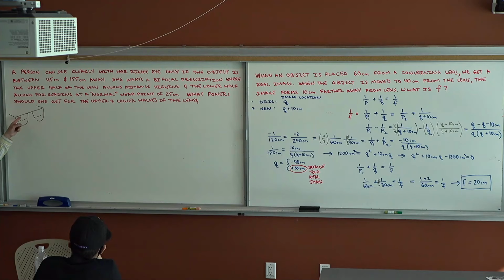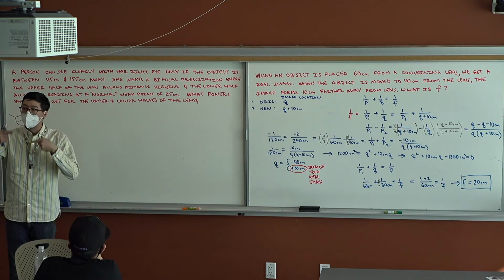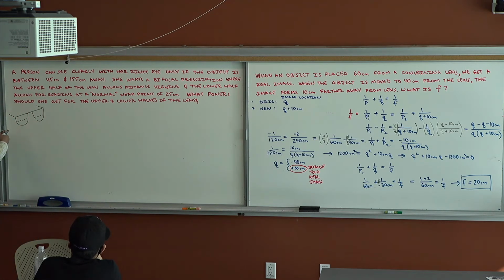So bifocals have two different powers, one on the upper region for distance and one on the lower for reading, because when you read you tend to look down, so you're looking at the bottom half of the lens. This is for close, this is for far.